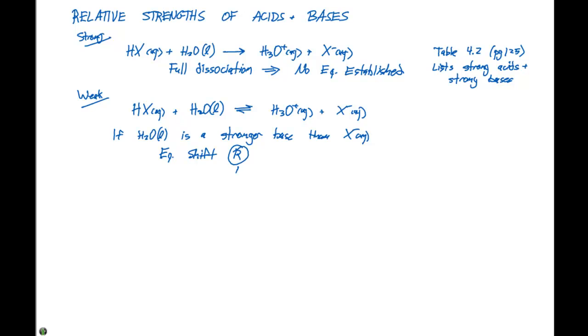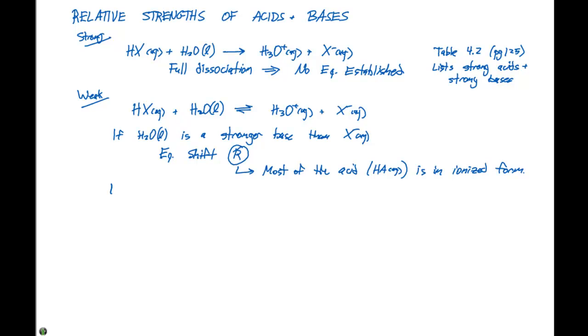And if the equilibrium shifts to the right, we can say most of the acid, in this case HA, is in the ionized form. So our equilibrium shifts over to the right.